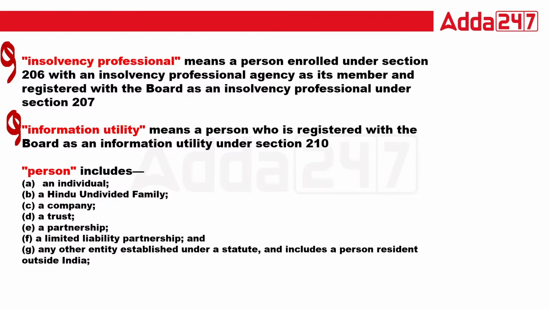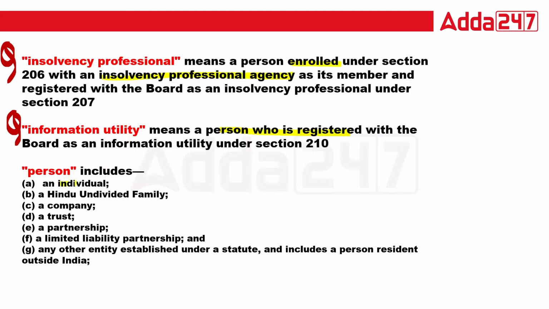Who is an insolvency professional? A person enrolled under section 206 with an insolvency professional agency as its member and registered with the board as an insolvency professional. What is information utility? A person who is registered with the board, that is called information utility.